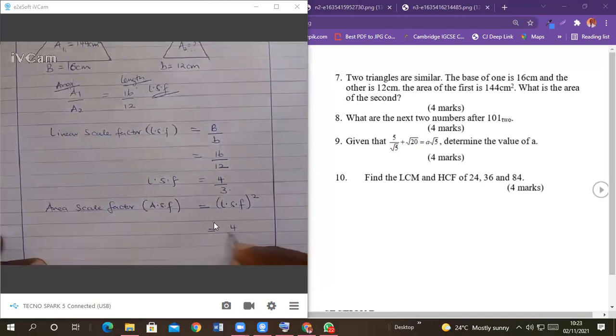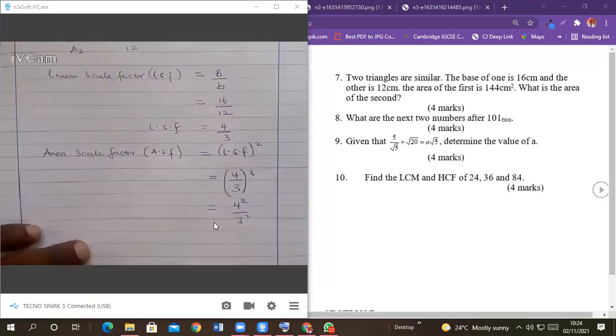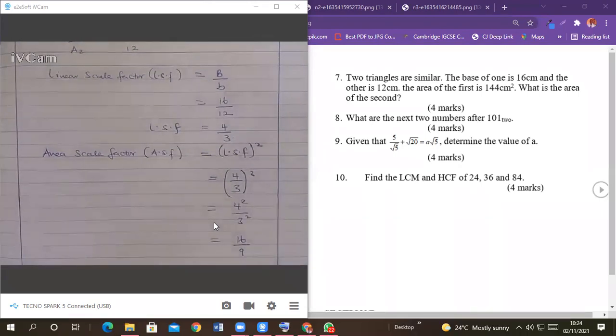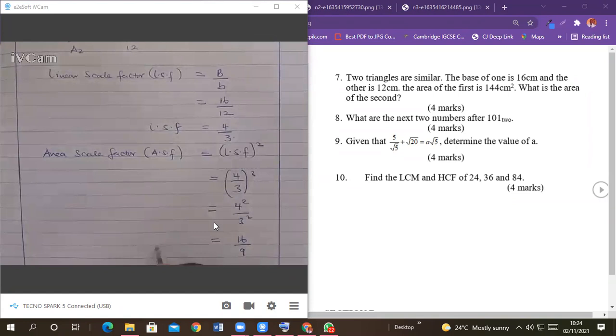So 4 out of 3, and then you square it: 4 squared over 3 squared, and you have 16 out of 9. So that is the area scale factor.